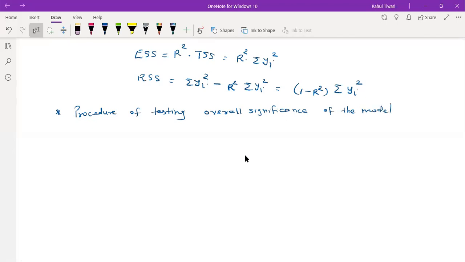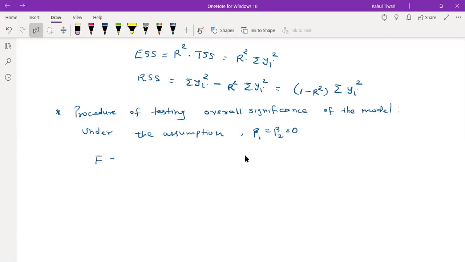So under the assumption, say we are putting some assumption, under the assumption beta 1 equals beta 2 equals 0. So what will be the F ratio?